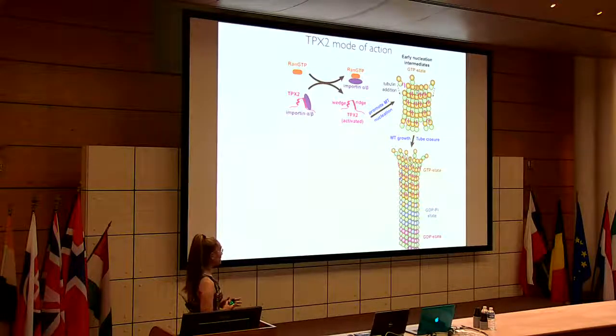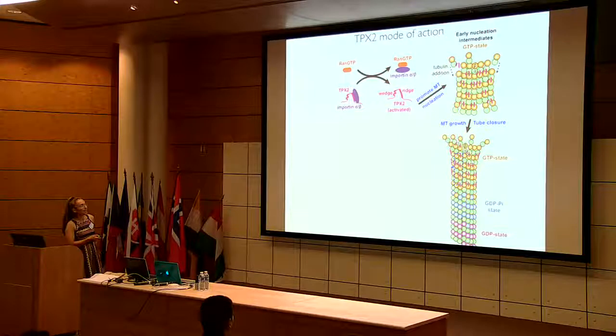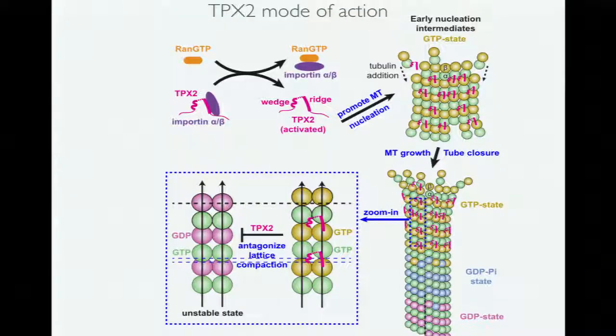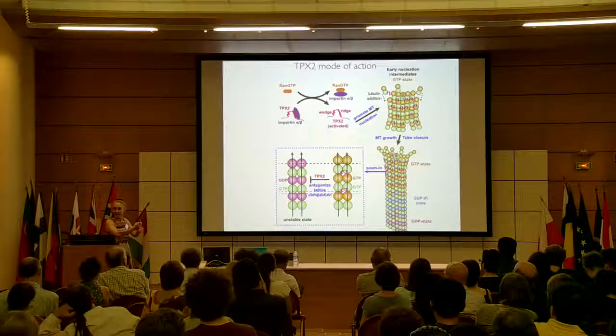And although we don't have data yet to support it, it's a hypothesis that we want to test. We actually think that the mechanism of action by which this protein promotes assembly and growth of microtubules is that it may be slowing down the compaction process related to hydrolysis, because by sitting the way it does, it's completely incompatible with a compaction of the lattice.